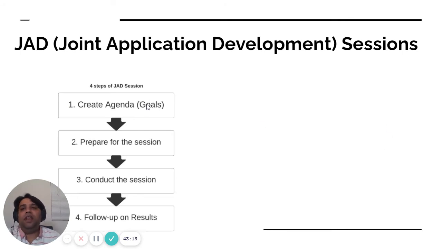So this is the entire JAD session, and the JAD session has a flow, something like this. There are four steps of a JAD session. The first step is create agenda, and this is very important, Abdul, because a JAD session is a very huge thing.